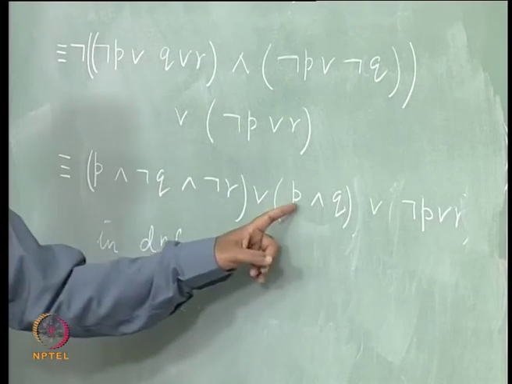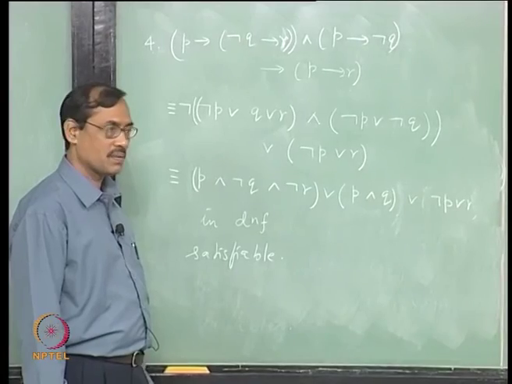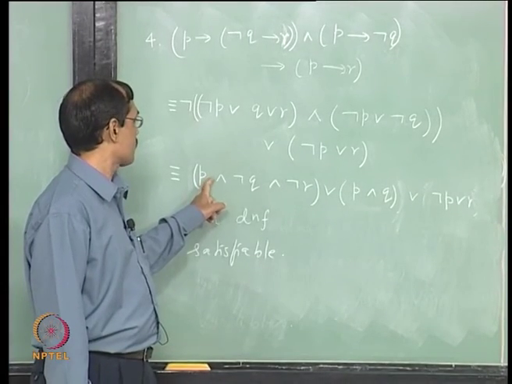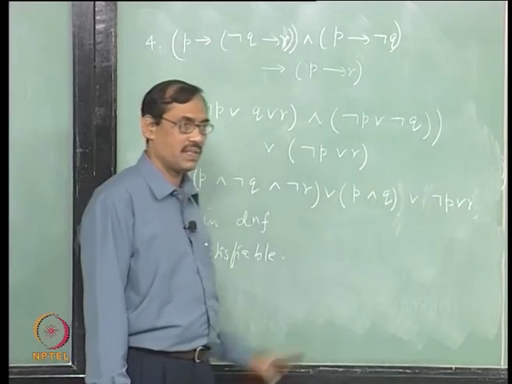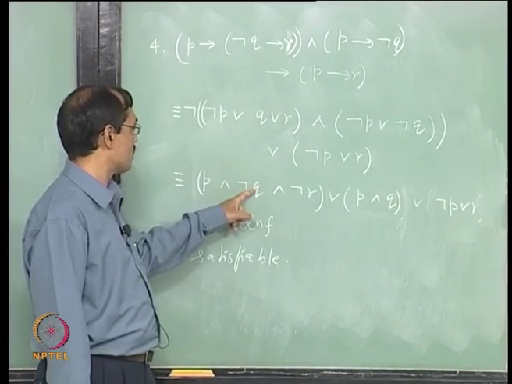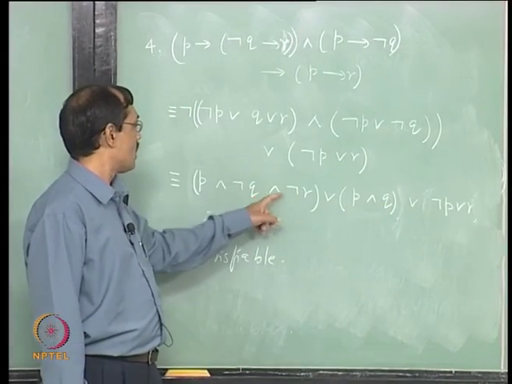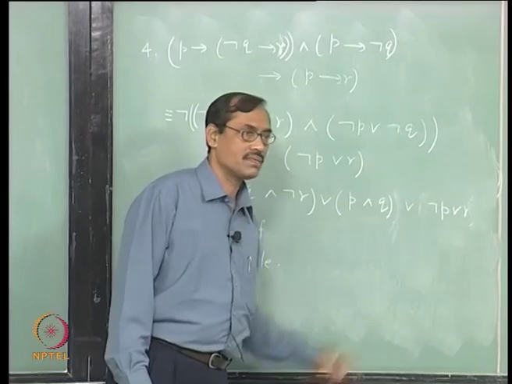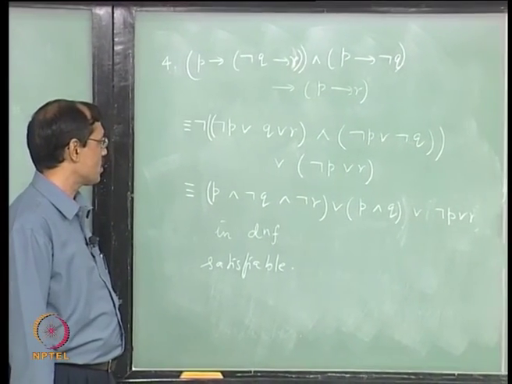P, P, not P, that clause is gone, equivalent to top. Then P, Q, not P, once not P is there, P is gone. So you check the next, not Q with Q will give top, and similarly not R with R will give top. So that will become valid. You can simplify also.